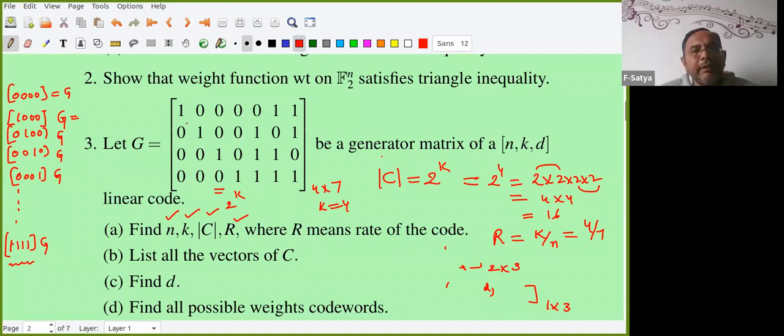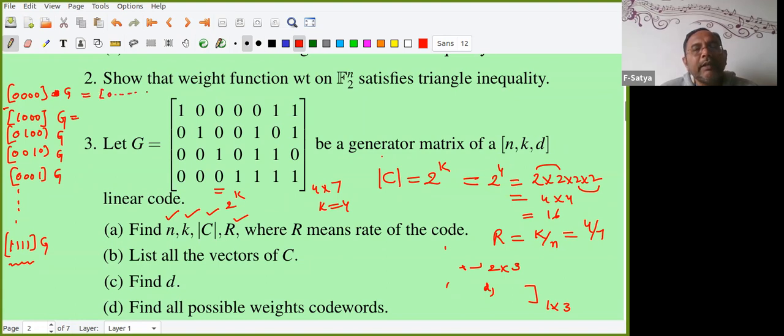So if I multiply each of these, I'll get different row vectors. So this will give the 0 vector. Which vector will I get? 0, 0, 0, 0. Can you tell me, what do I get here?